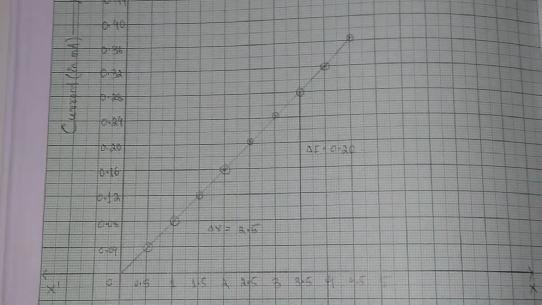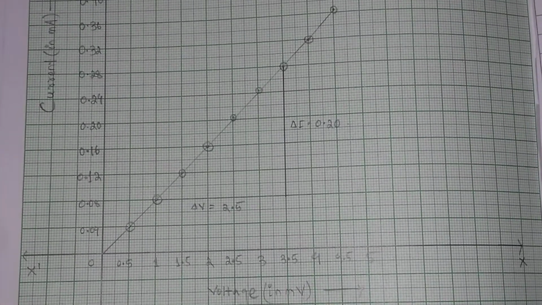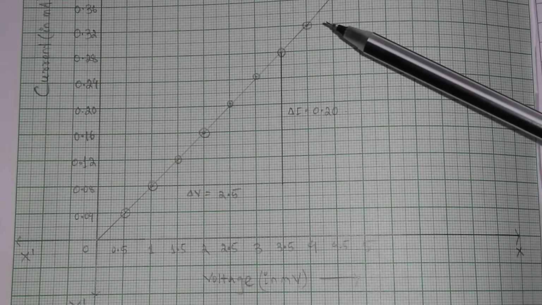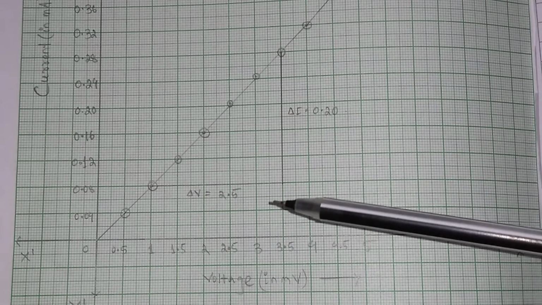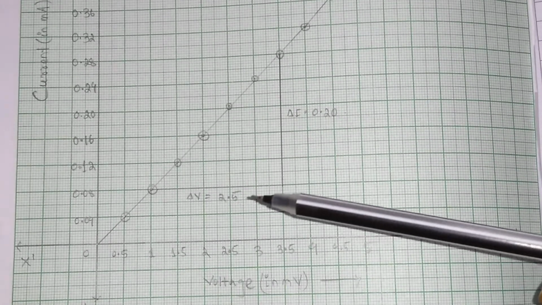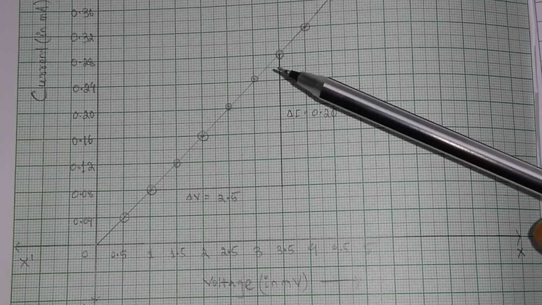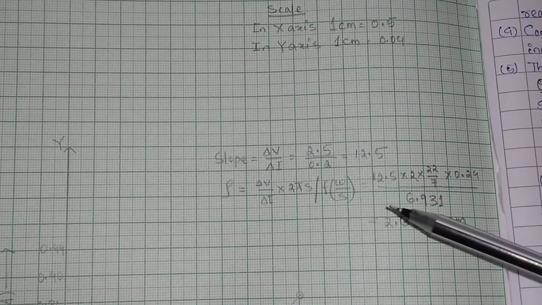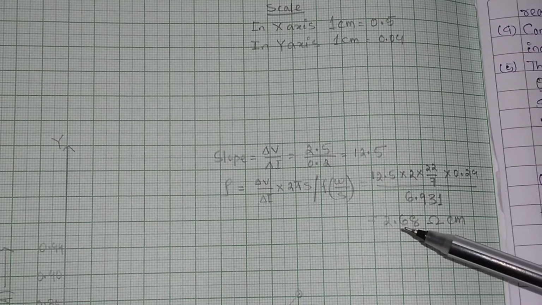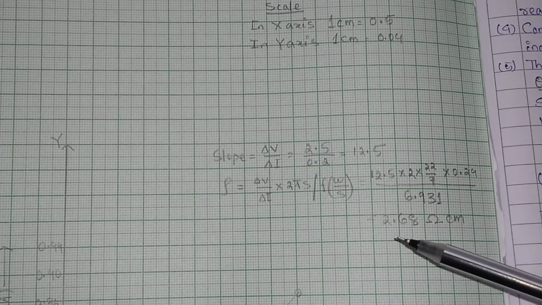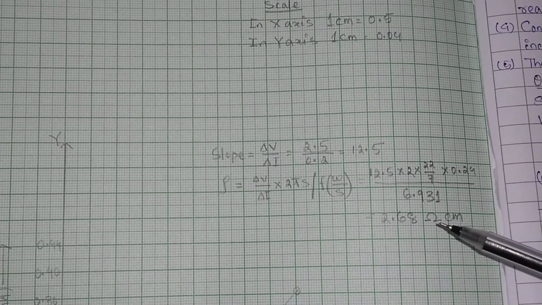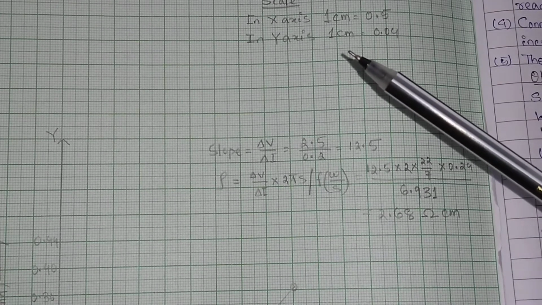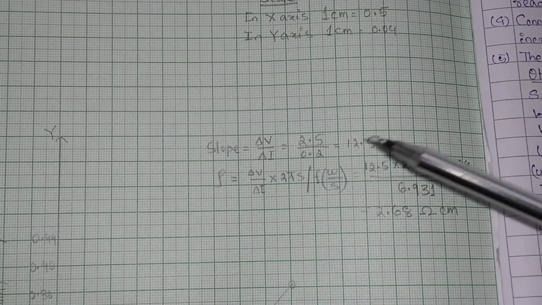If you plot the graph, the nature of the graph will be linear, and if you take the slope of this graph, this will give you the resistivity of the semiconductor sample. From the graph we have calculated that the resistivity is equal to 2.68 ohm centimeter, using the x-axis scale and y-axis scale, and this is the slope.